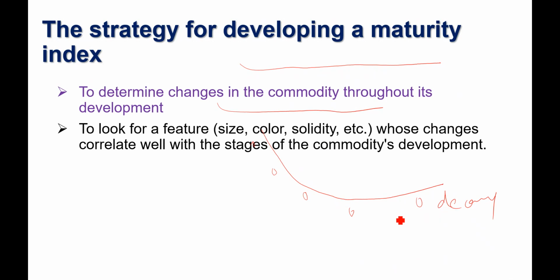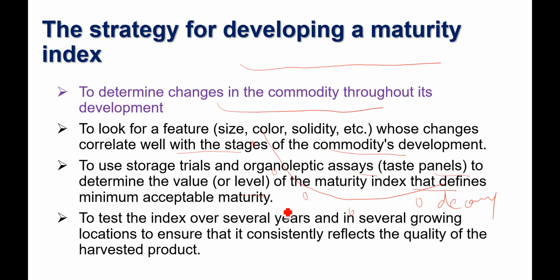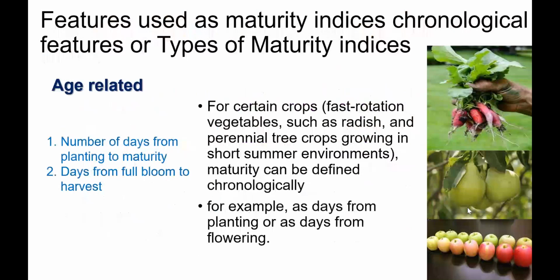So look for a feature, that is size, color, solidity, that changes and correlates well with the stages of the commodity's development. Use storage trials and organoleptic assays, test panels, to determine the value or level of the maturity index that defines the minimum acceptable maturity, or test the index over several years and in several growing locations to ensure that it consistently reflects the quality of the harvested products.